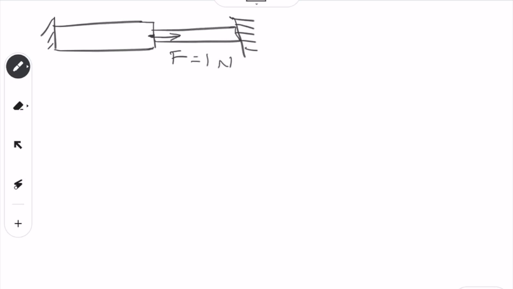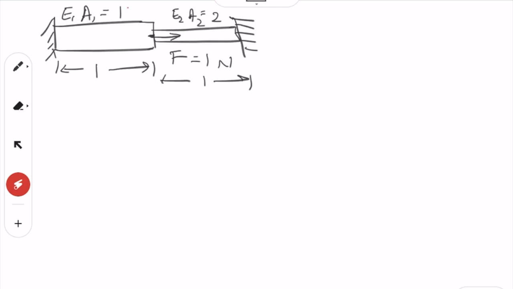You have area here, some area A1, E1 A1 equal to 1, and here we have E2 A2 equal to half, or make it 2, let us say. And we want to solve it. How will we solve? Length is the same in both the cases. Length is 1 and here also it is 1. For simplicity I have taken very simple numbers like 1 or 2, just to solve it easily.